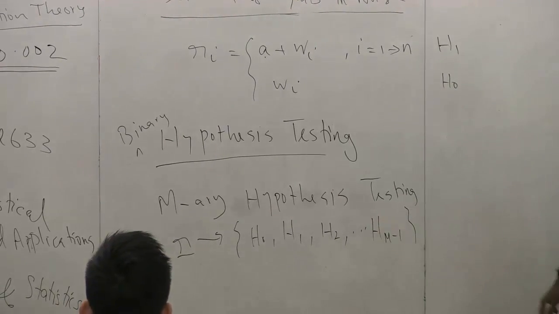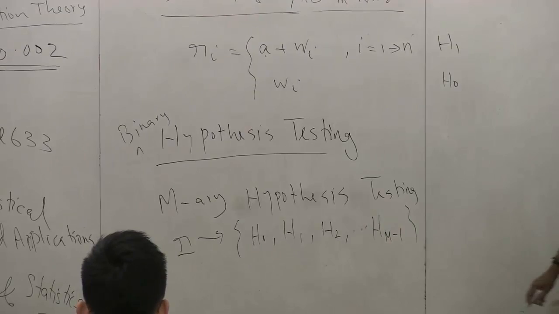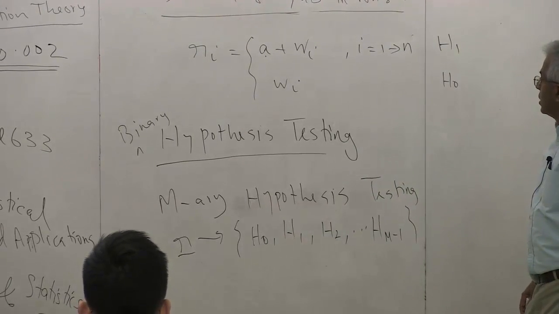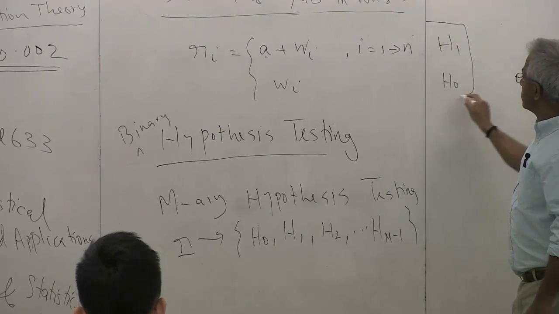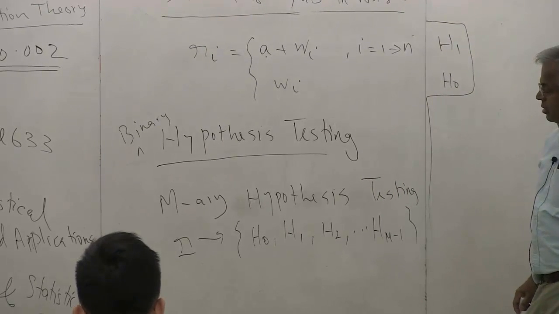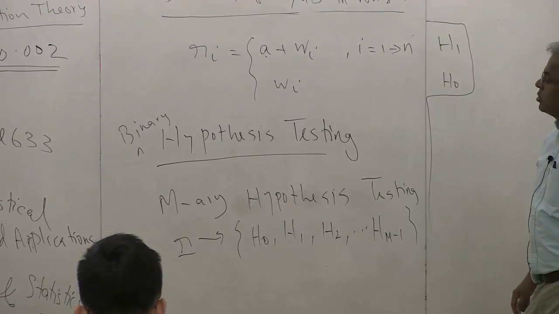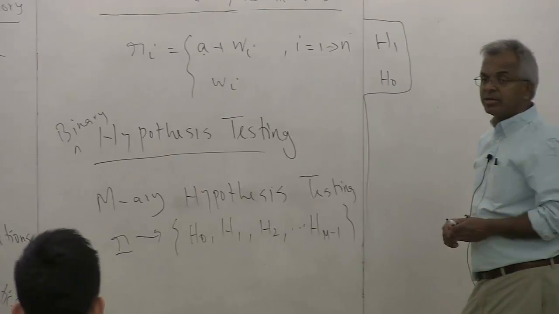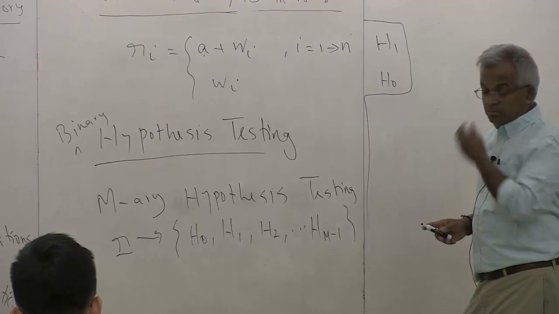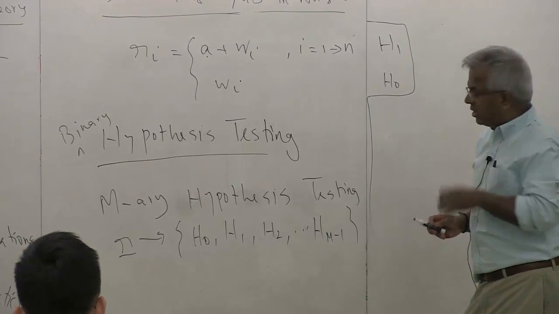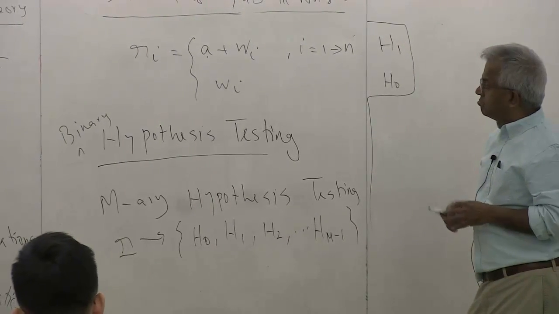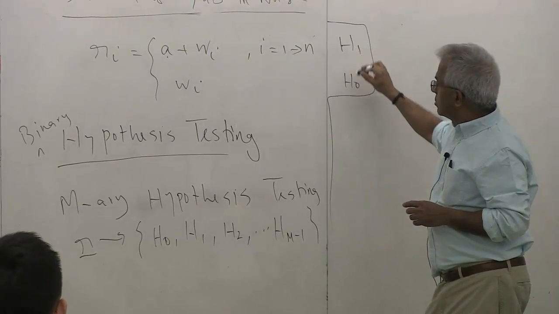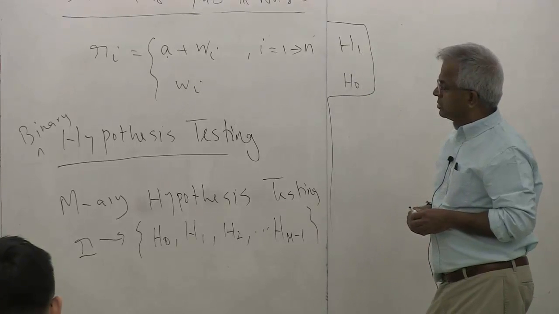So these are the M-ary hypotheses, H0, H1, etc., up to M minus 1. So what is the question? We need to do the receiver design, right? In other words, you take the data and do some optimal processing to determine which hypothesis is true.